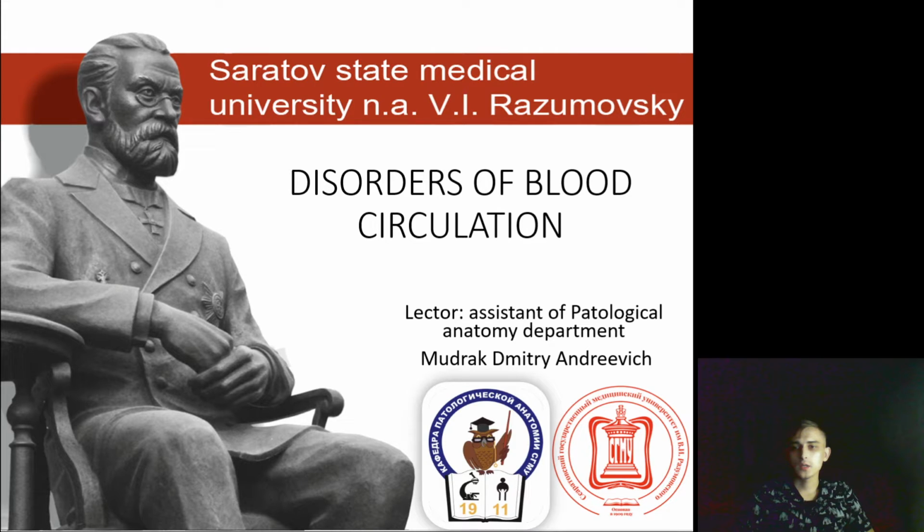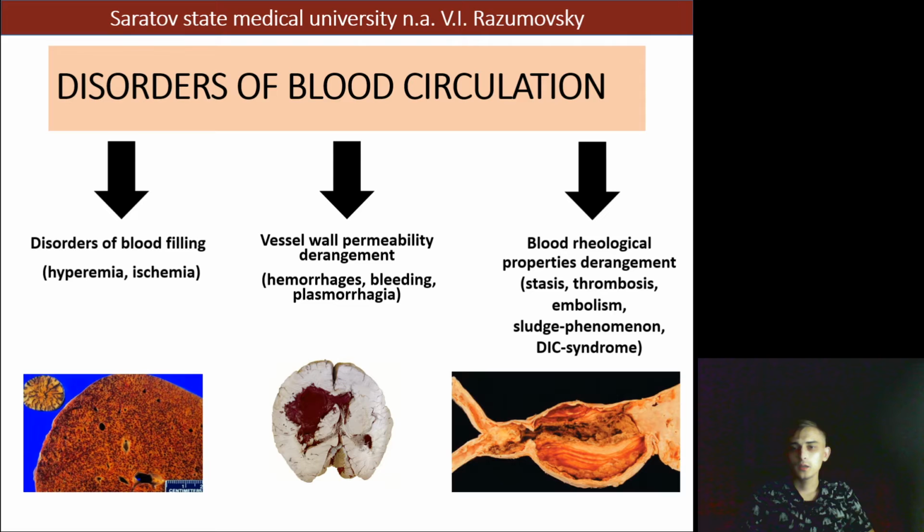The topic of this class is blood circulation disorders. In blood circulation disorders we have 3 groups of disorders. First of them is disorders of blood filling or disorders of blood supply, in which we can find hyperemia and ischemia.